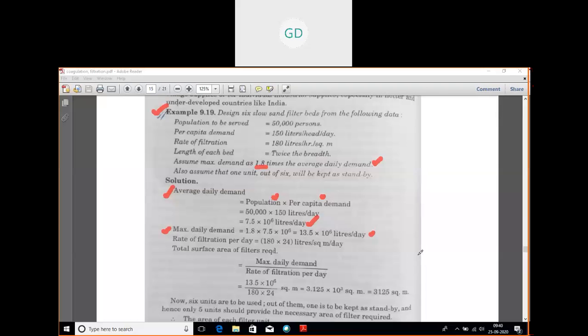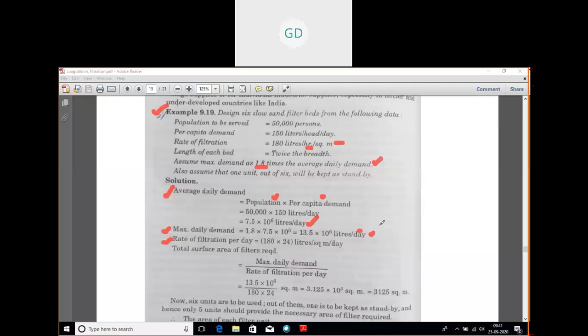Now the rate of filtration is given in the question to be 180 liters per hour per square meter. But since it is given in hours and we need the unit in day, because the average daily demand and the maximum daily demand are also in day, we need to make the units similar.